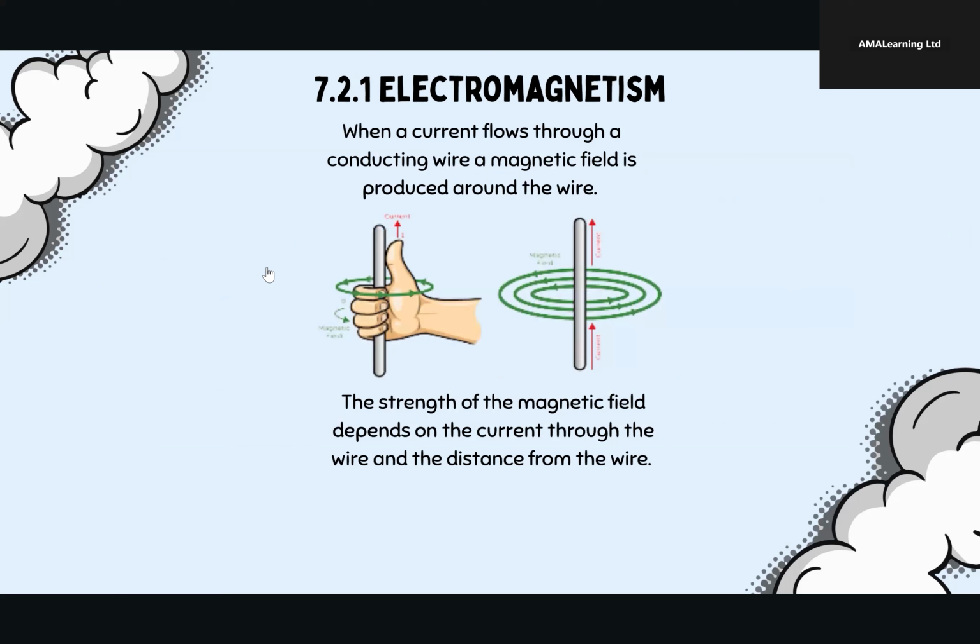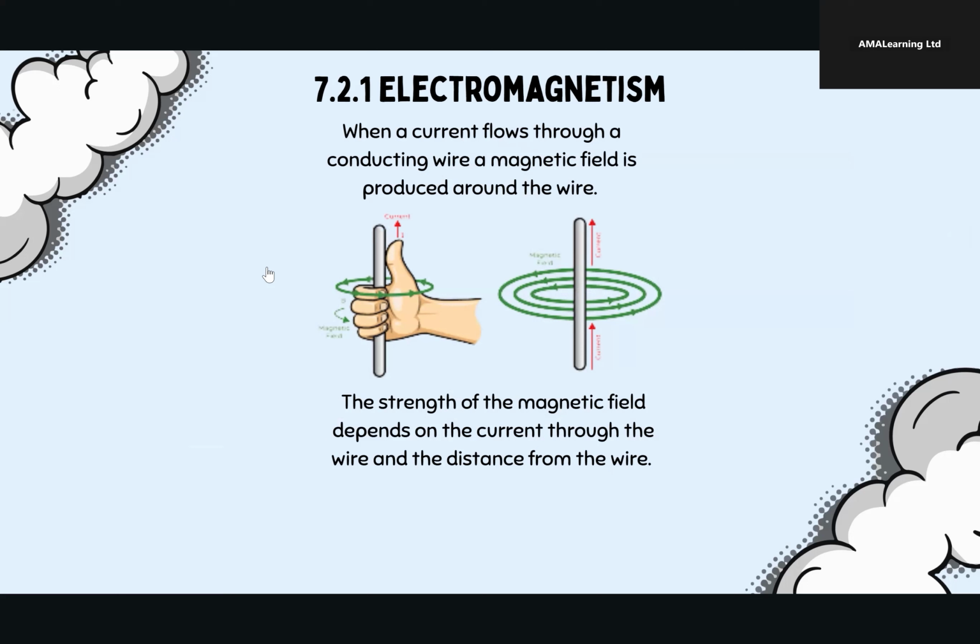So one way we know which way the current is flowing is by using our right hand, as shown in that picture. The curvature of the hand, if you grab hold of the wire, shows the direction of the magnetic field, and the thumb shows the direction of the current.